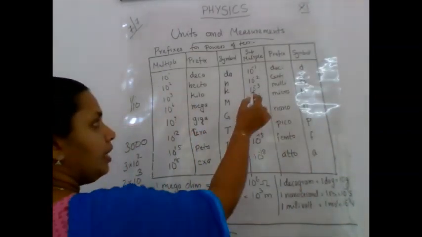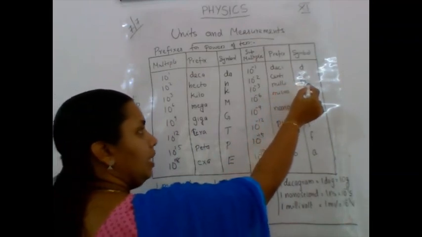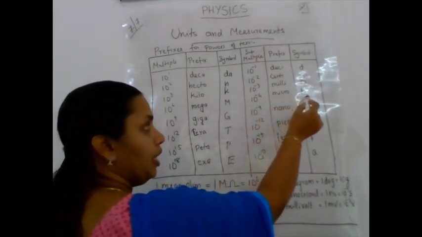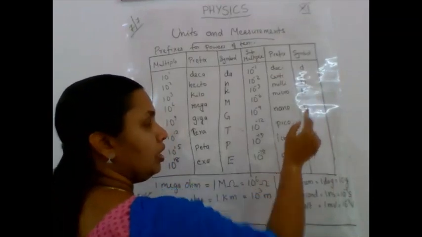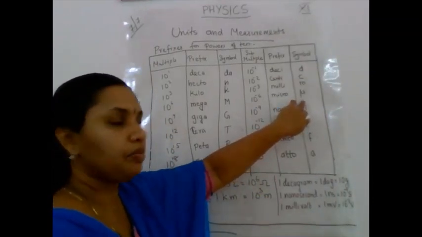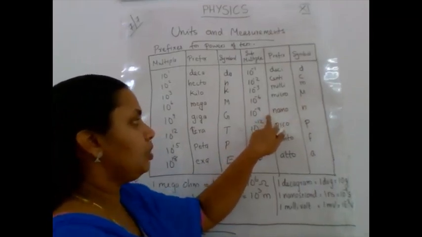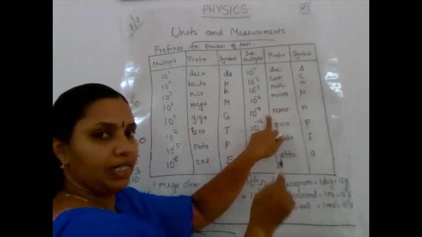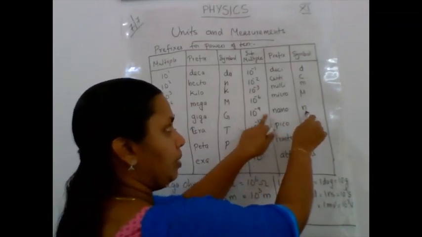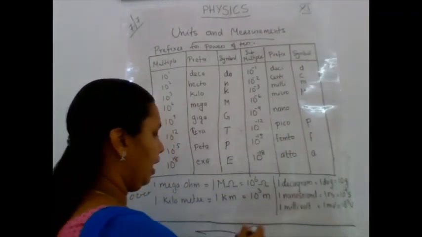Then 10 raised to minus 3 is milli, small m. 10 raised to minus 6 is micro, it is mu. This is not m, this symbol is mu. Okay, then 10 raised to minus 9 is nano, represented by small letter n.